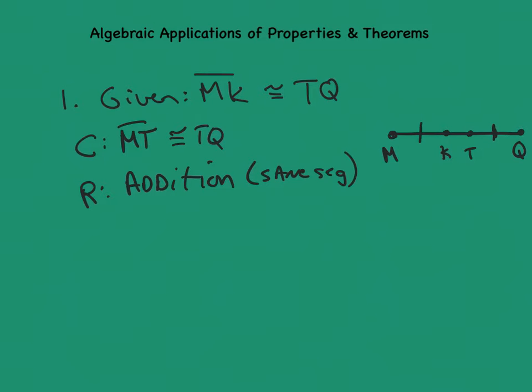Now suppose we were given some additional information. Suppose they told us that MT was equal to 9x minus 3 and that KQ was equal to 7x plus 5, and they wanted us to find MT. Why don't you try pausing the video and see if you can solve that, and then I'll walk you through the solution.